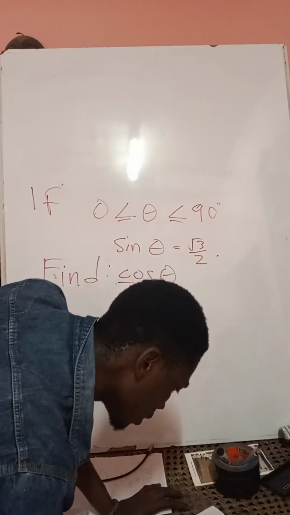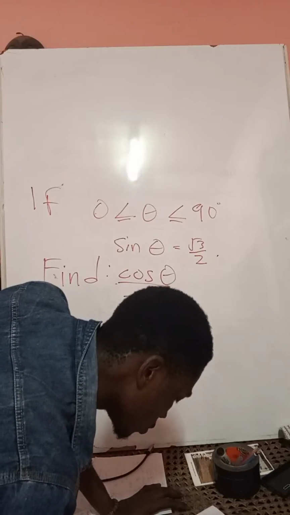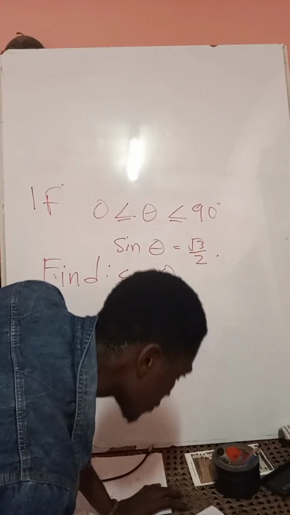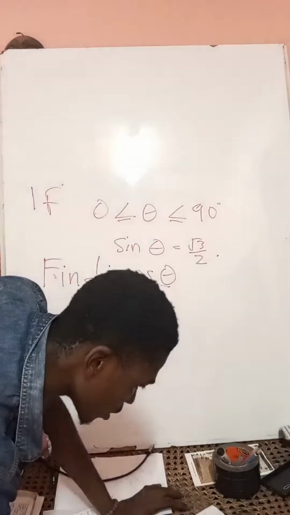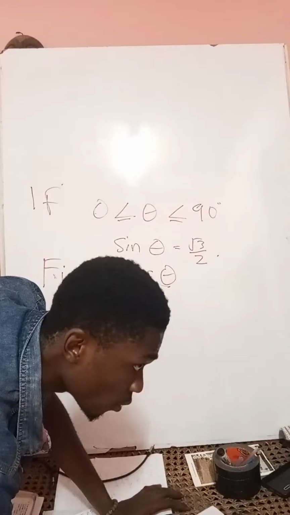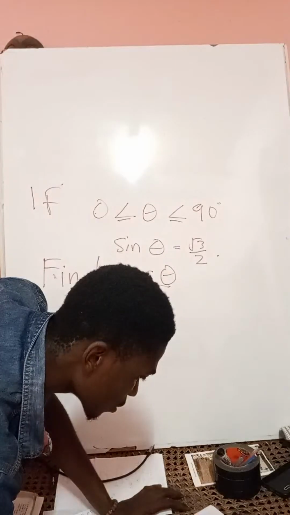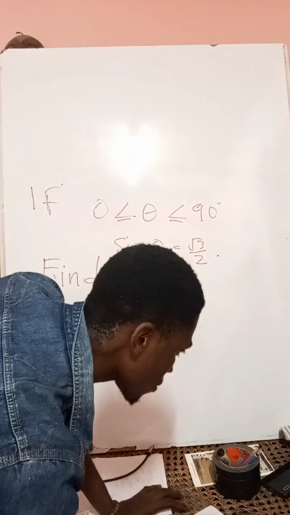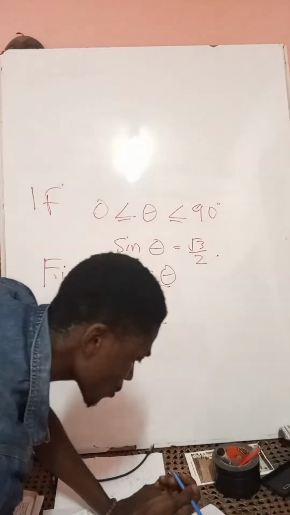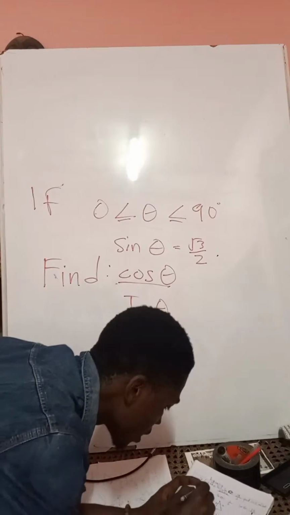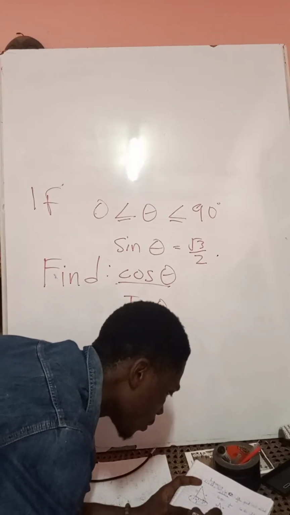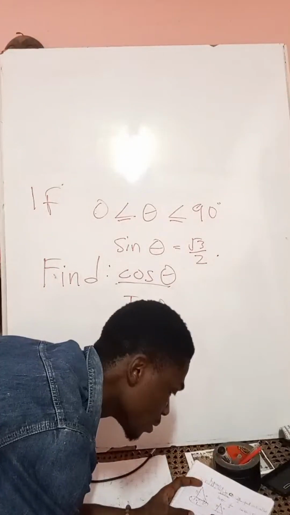So you got here to be 1, so it's root of all of this. Here we get 3, 3 minus this one is 2. You have hypotenuse square equals adjacent square plus opposite square.